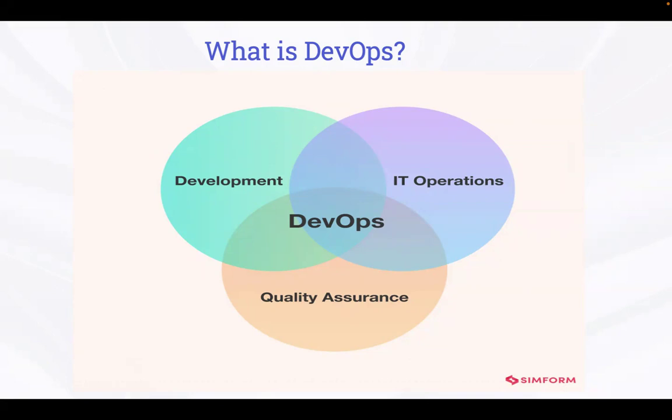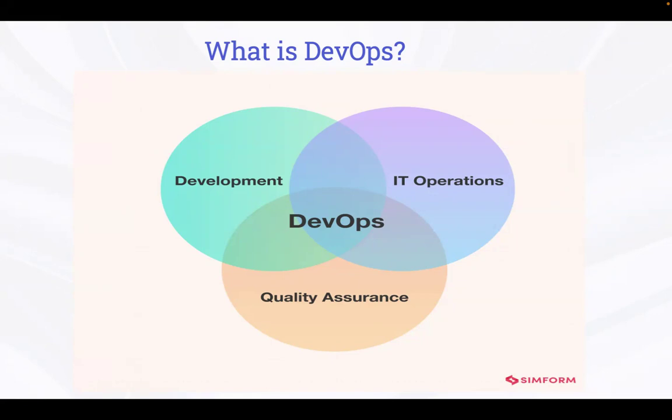At a high level, using different tools and some methodologies, we are making sure the connection between at least three different teams, development, operations, and quality assurance, are synchronized with every activity that people are doing.